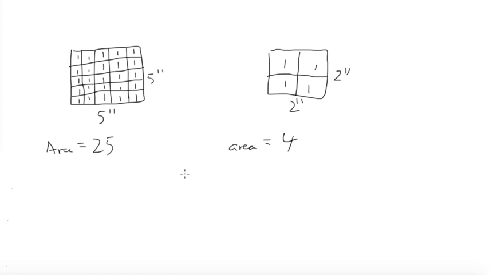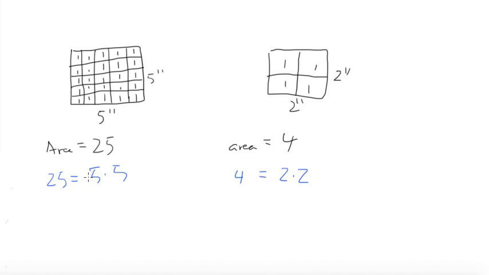Well, that could be rewritten as 5 times 5, and this could be 2 times 2. Then 5 times 5 equals 25. 2 times 2 equals 4. So the area changed from 25 to 4 based off of the length of the side of the square. Okay.